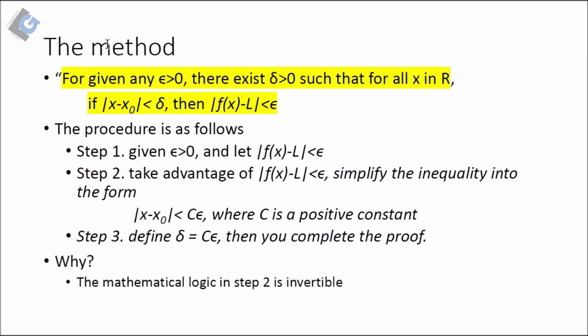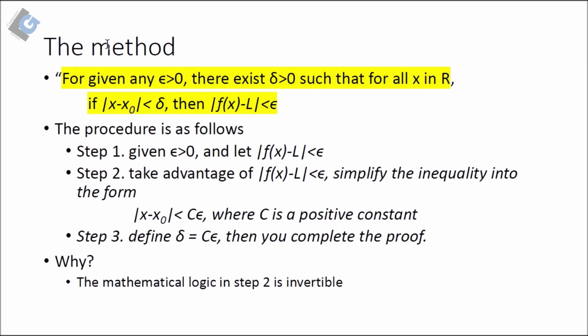So the fundamental statement is: for any given positive epsilon, there always exists a positive delta, such that for all x in a domain, for example, domain R, if the absolute value of x minus x₀ is less than delta, then the absolute value of f(x) minus L is less than epsilon.